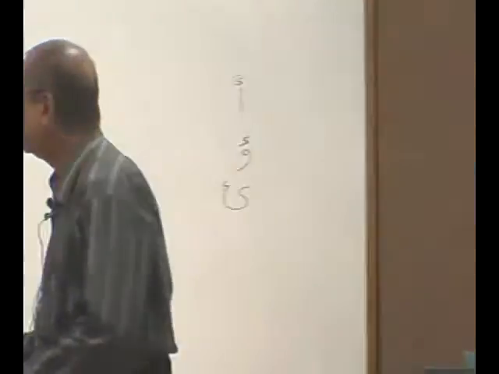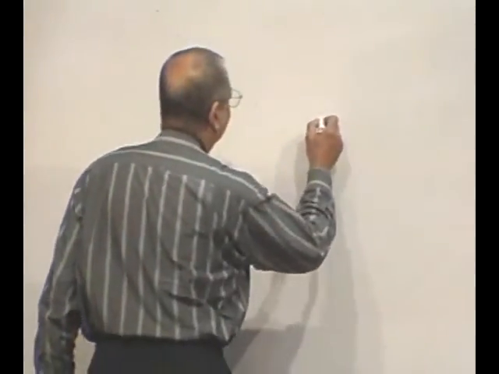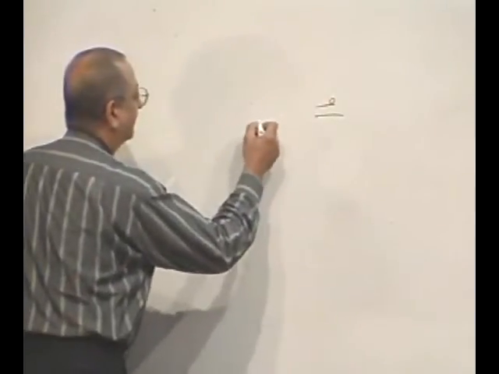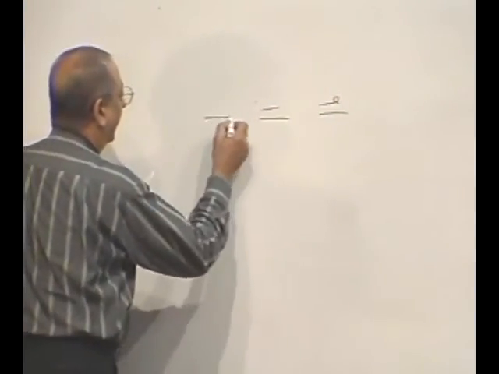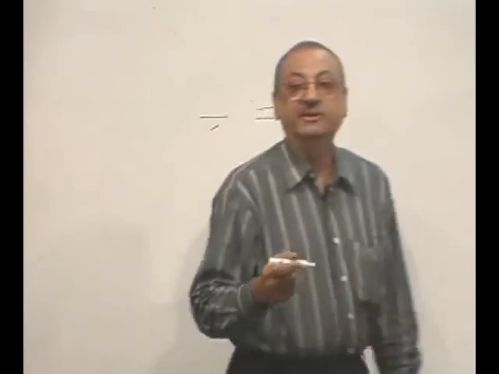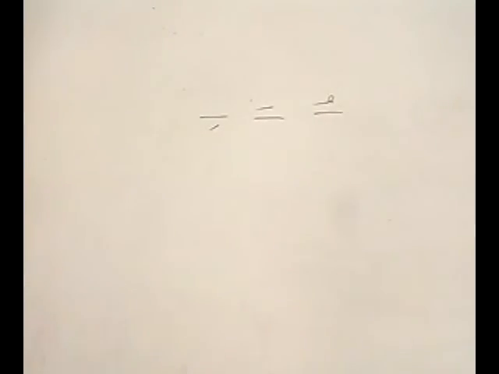Now, how many vowel signs, brother, in Arabic language? Only 3. Dhamma, fatha, and kasra. Are you with me, brother? Now remember, these are short vowels.